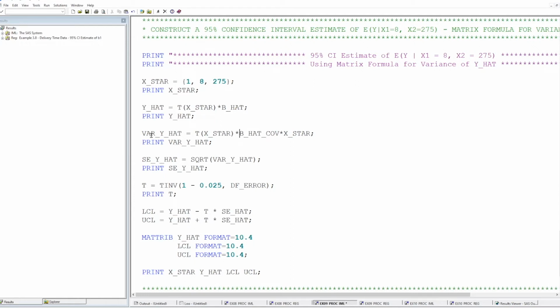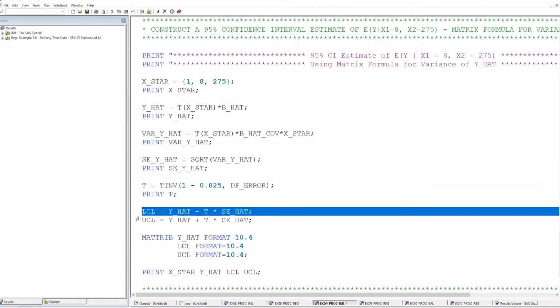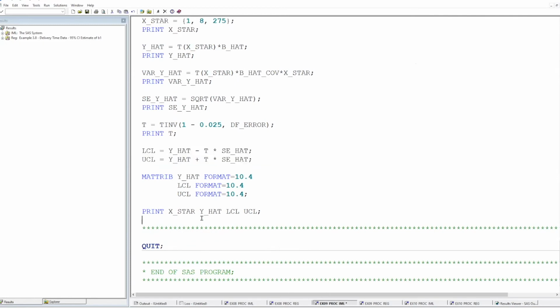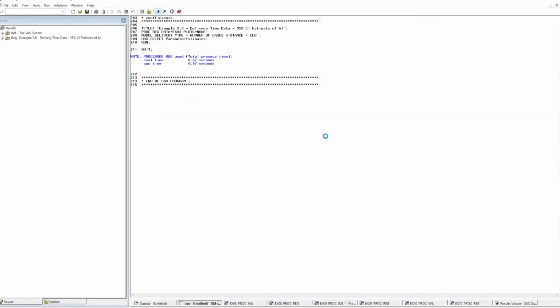That gives us the estimated variance of y hat. We calculate the square root to get the estimated standard error of y hat, get the t-value, construct the confidence limits as usual, and print those out. So let me go ahead and run that.